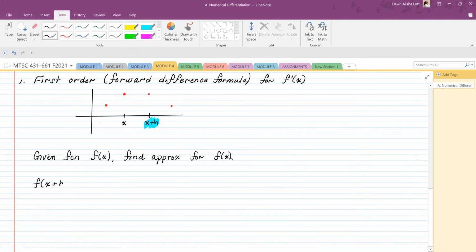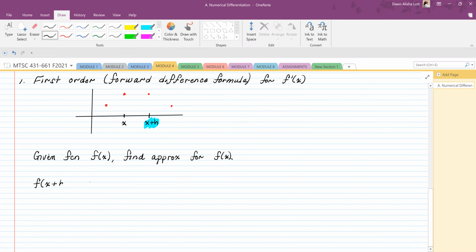Okay. So now when I solve for f prime of x, I get f prime of x is equal to f of x plus h minus f of x, divided by h.